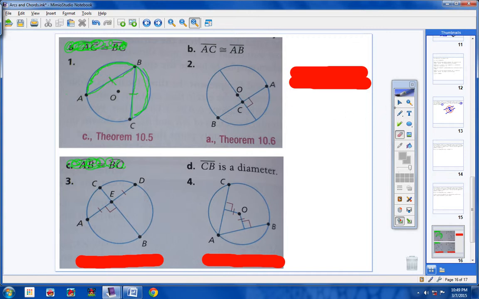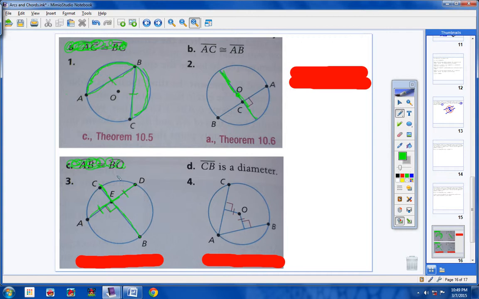I don't have the center of the circle, so I don't know this is a diameter. All that I know is I have a chord intersecting another chord. But how is it doing it? Well, it's perpendicular and it's bisecting it. So remember what we learned. We learned a theorem that said if a chord is bisecting another chord and it's perpendicular to it, then that chord that's doing the bisecting is the diameter.